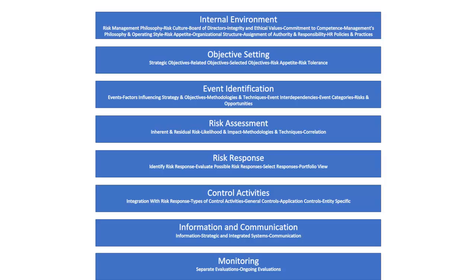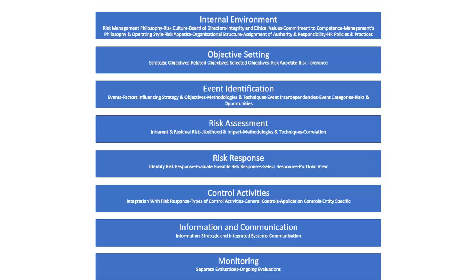Information and communication. Relevant information is identified, captured, and communicated in a form and time frame that enable people to carry out their responsibilities. Information is needed at all levels of an organization. Monitoring.